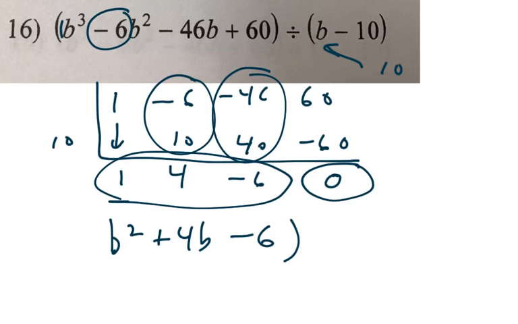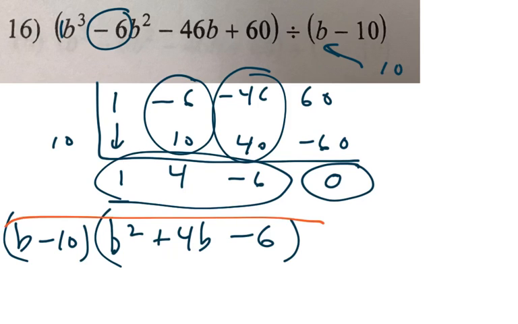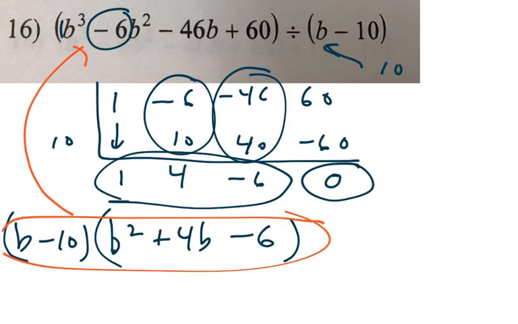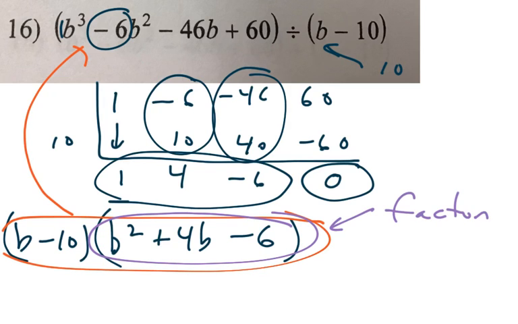That's my answer. But understand, if I times that by b minus 10, this will get me back to where I started from. Again, what that really means is this right here is called a factor of my original problem. Of course, b minus 10 would be the other factor. So I just figured out 2 factors in this problem.